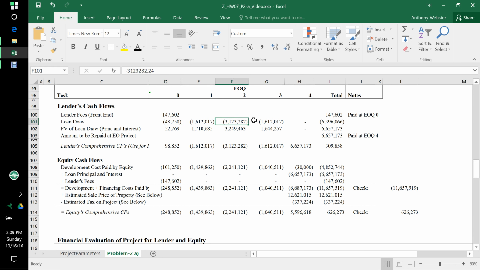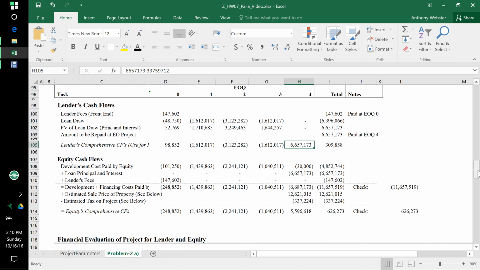In every period here except the last period, it's just going to be the loan draw, which is what we've got down here. And in the last period, we have what she gets paid back, which is going to be just the future value of all the loan draws.